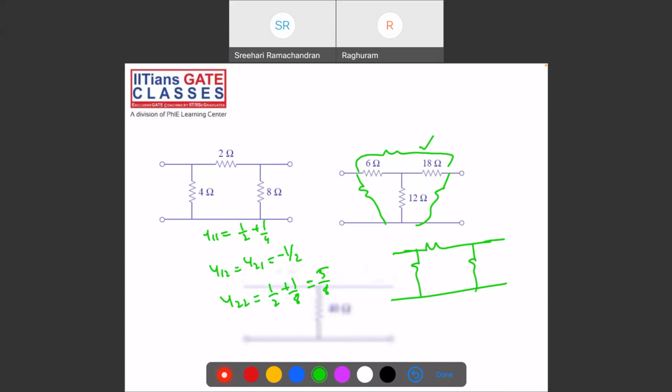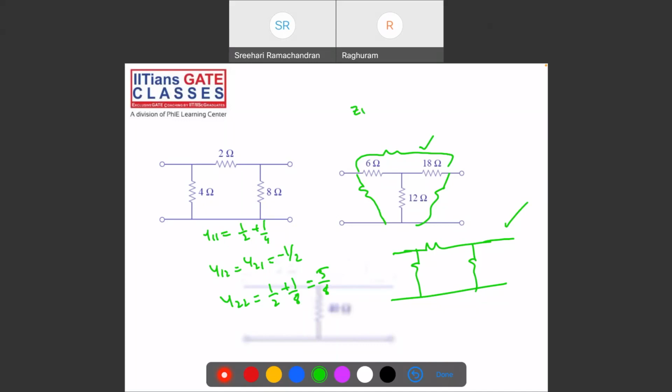The formula means taking each port, short circuiting port 1 and then port 2, making V1 and V2 zero, and finding I1 by V1, I1 by V2, I2 by V1. That is how you can do it. Otherwise, find directly Y parameters or directly Z parameters.